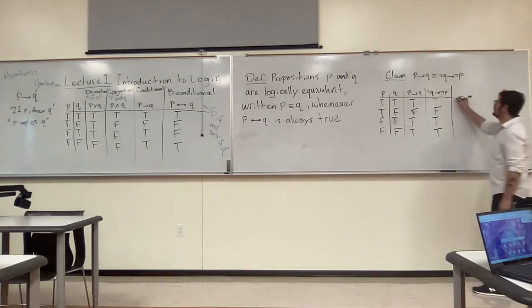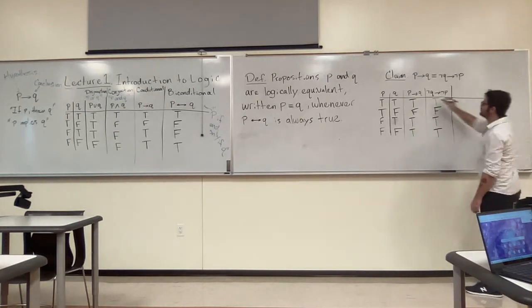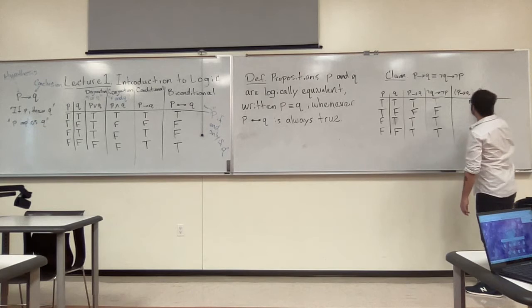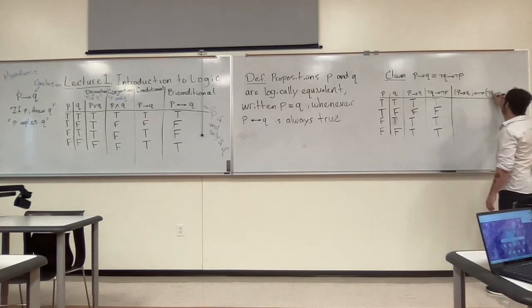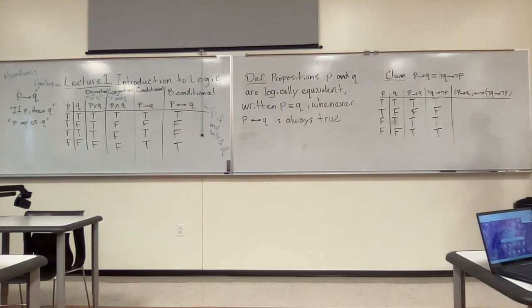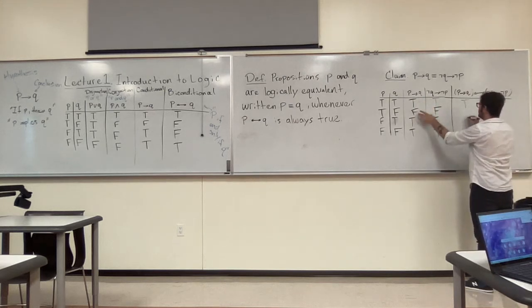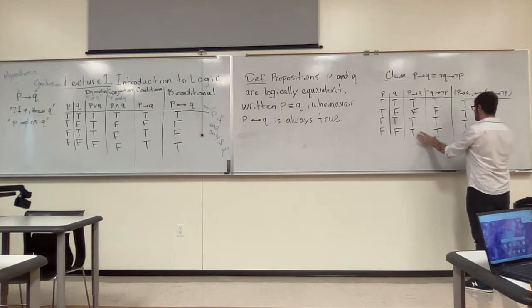And now, if we look at the biconditional between this and this: if P then Q if and only if not Q then not P. The biconditional is true whenever they have the same truth value. So true, true, that'll be true. False, false, that'll be true. True, true, true.